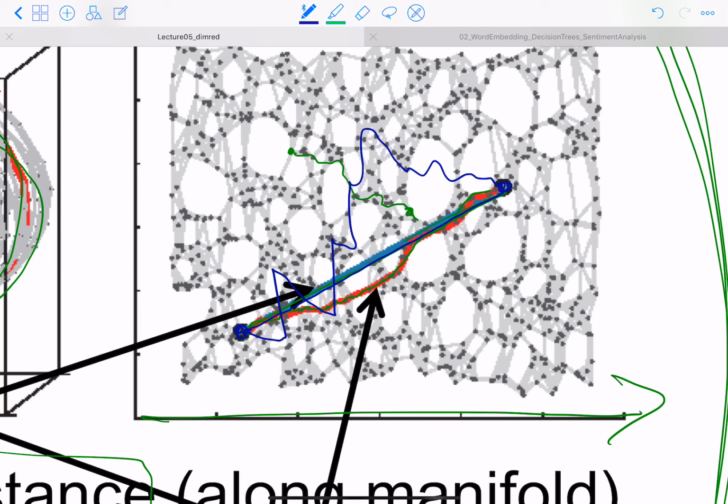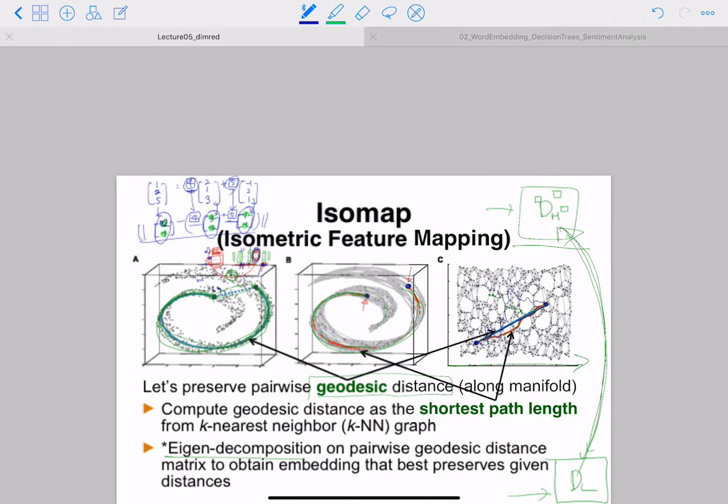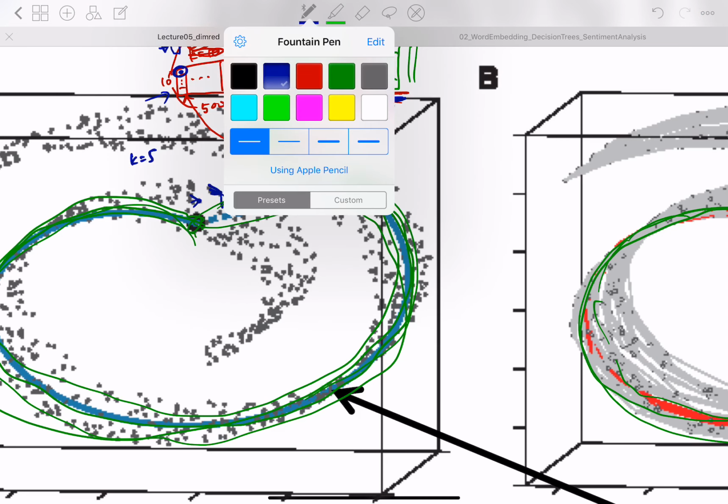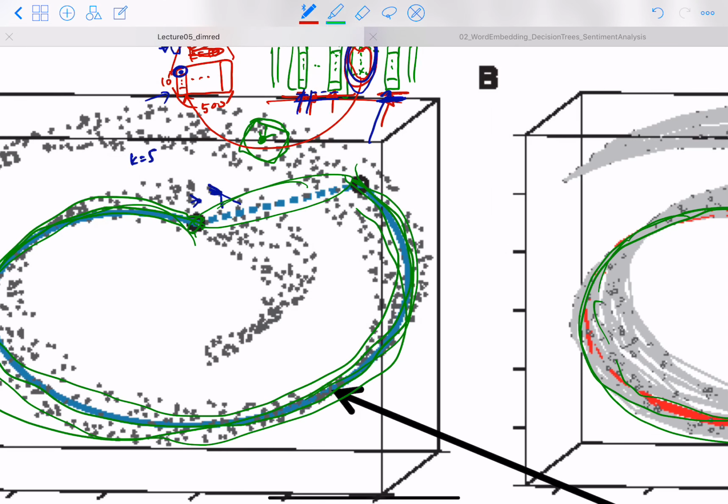If we can have dense edges over here, then it will be more desirable to reconstruct this geodesic distance. But what if we use too large a value for k? In that case, some undesirable things happen. If we set k too large, those two points will be connected as nearest neighbors, right?